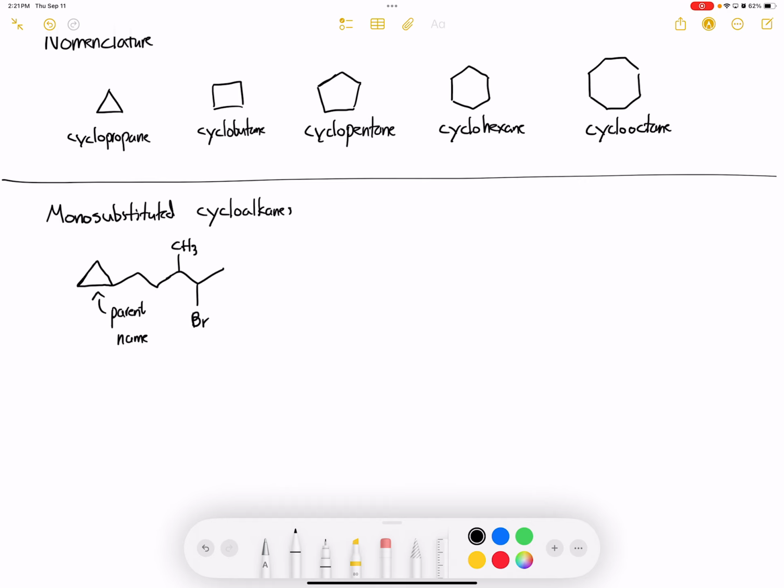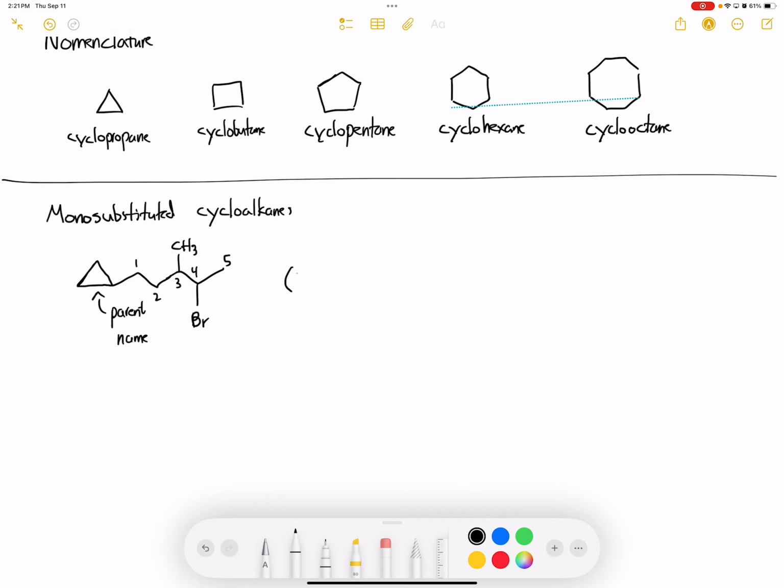If we look at the substituent, it's just one substituent, but it's not simple, it's complex. It starts out right here: 1, 2, 3, 4, and 5. This whole substituent is complex, so we're going to put parentheses around it and then write the name as if it were a straight alkane.